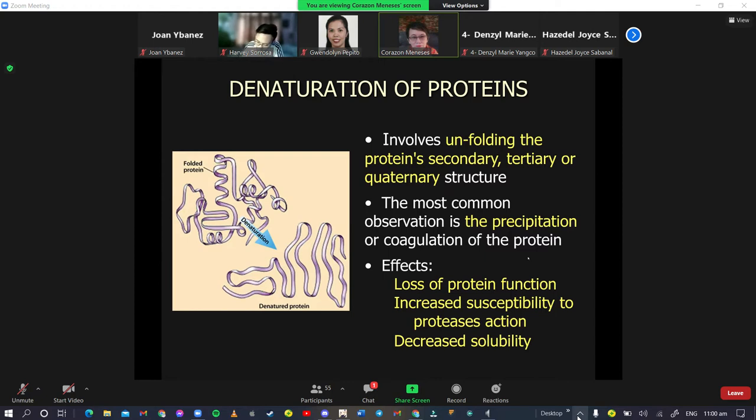The effect is that it will lose its function and it is susceptible to enzyme action or hydrolytic action. So it cannot function anymore as it is supposed to inside the cell.